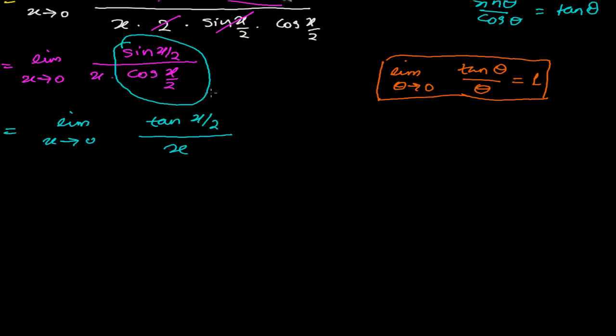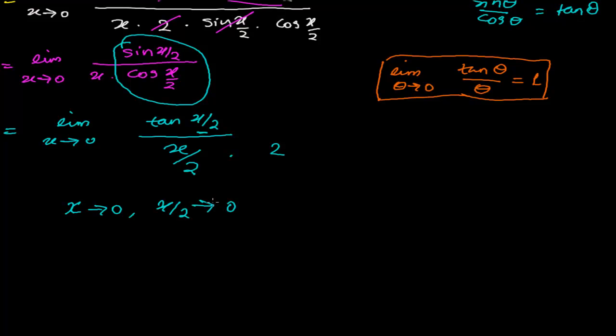So here my angle is x by 2, but here it is not x by 2. So what I can do is divide by 2 and again multiply by 2. And I want to tell you that when x tends to 0, definitely half of that angle also tends to 0.